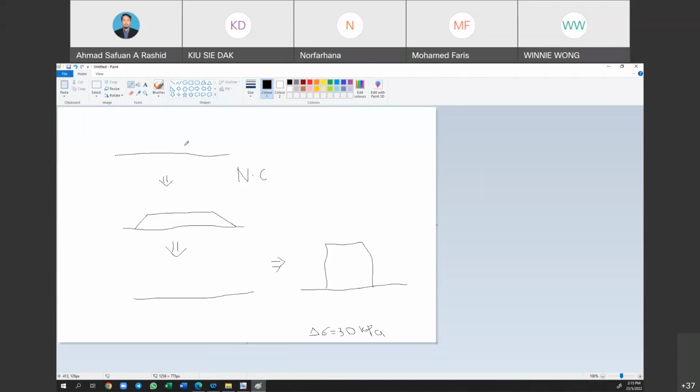Once they construct something and then remove the structure, for example the surcharge, the previous stress is higher than the current effective vertical stress.